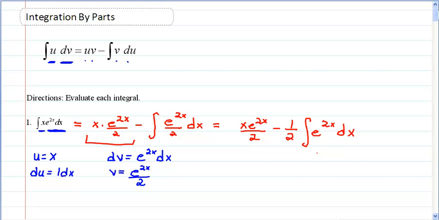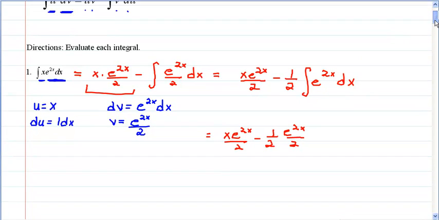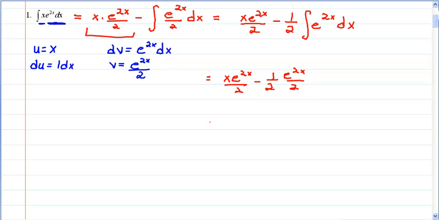And with only the integral of e to the 2x dx, it's now a simple integral to integrate, so that I have x e to the 2x over 2 minus 1/2 e to the 2x over 2, so that my final answer is x e to the 2x over 2 minus e to the 2x over 4 plus c.